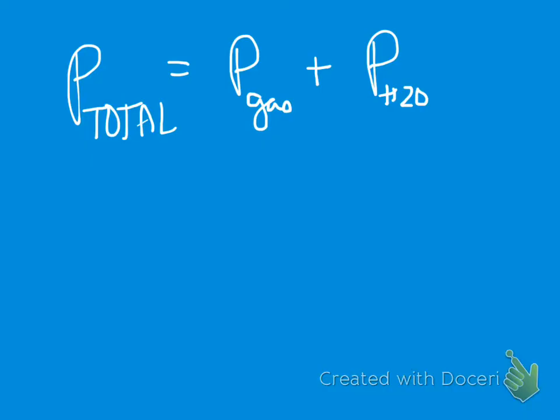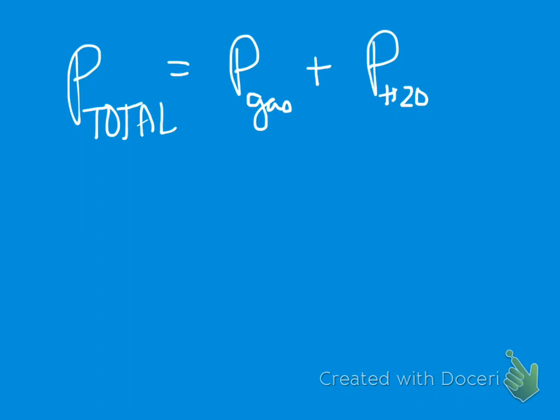So we've got this equation that the total pressure of the system is equal to the pressure of the gas plus the pressure of the water. The amount of pressure from the water is going to depend on the temperature of the water. Because, of course, the warmer the water is, the more readily it will vaporize and go up into this gas area. The colder it is, the harder it is to do that. So the temperature of our water bath right now is 20.0 degrees.